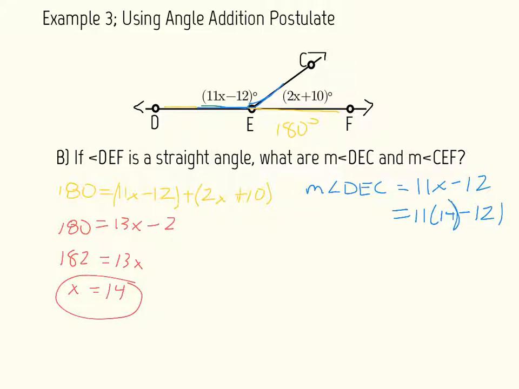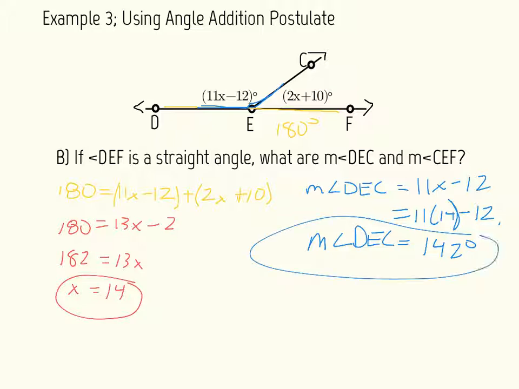Parentheses ends there. Okay, after I do that, I'm going to just solve that out. So I get the measure of angle DEC equals 142 degrees. And that's your final answer.